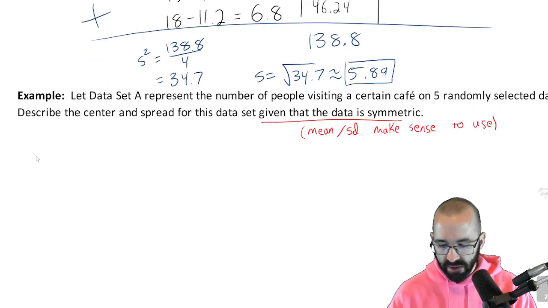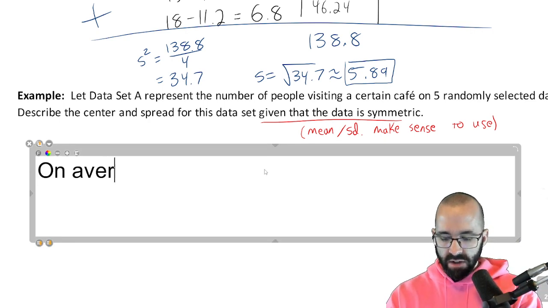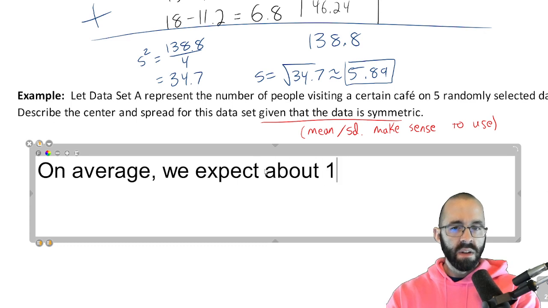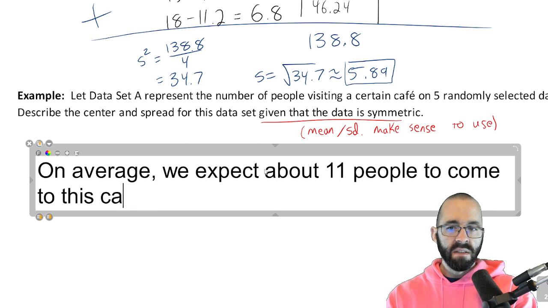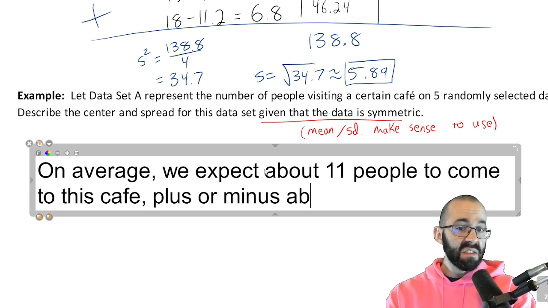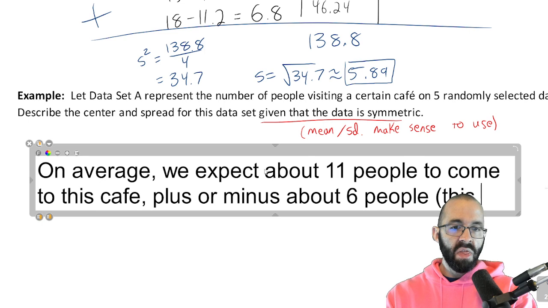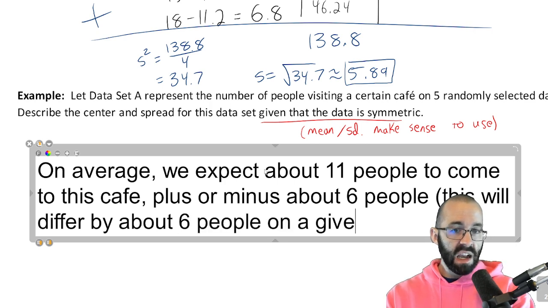All right, so let's get ready to phrase it our way. So that means, on average, we expect the average, which was 11.2, about 11 people to come to this cafe. You could say plus or minus about 6 people. Or you could say this will differ by about 6 people on a given day.